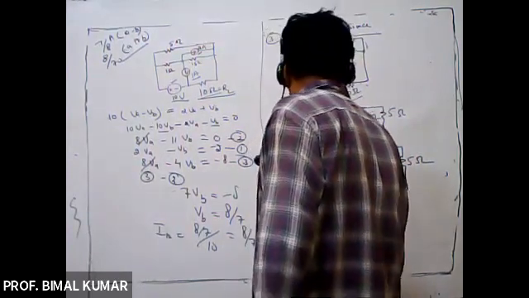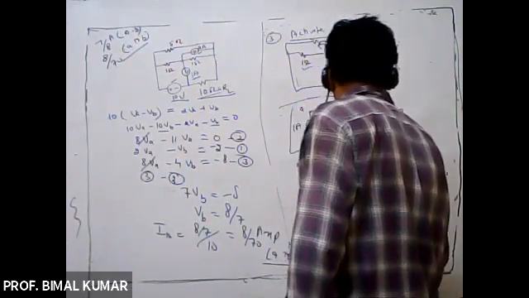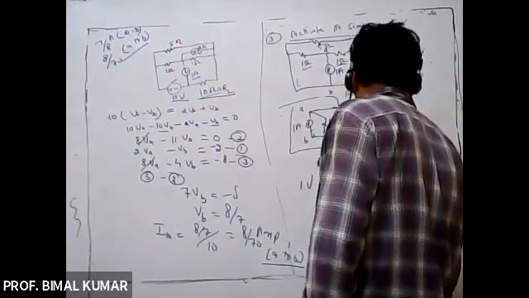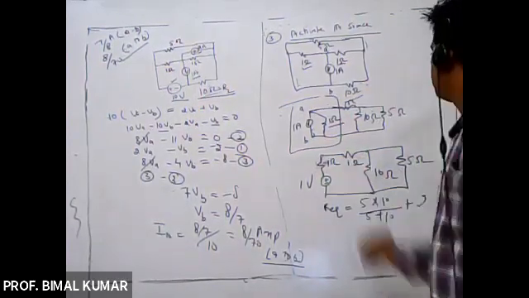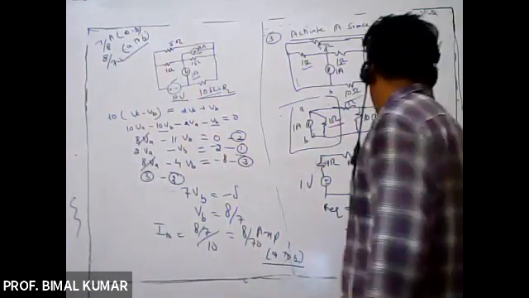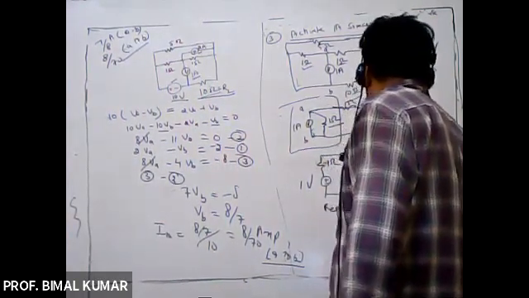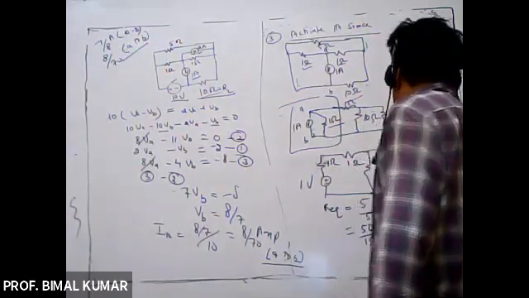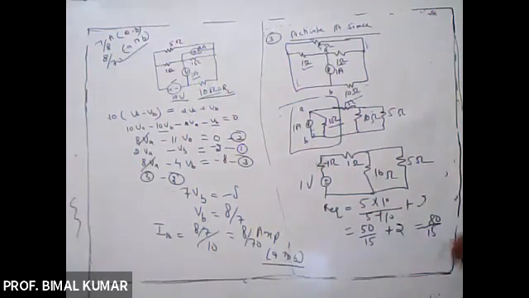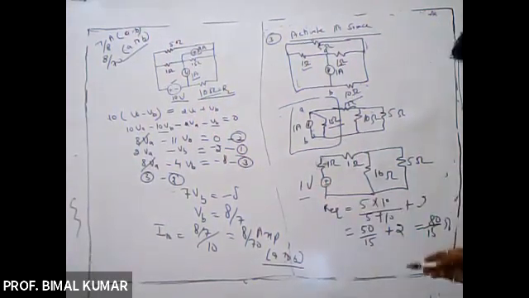So R equivalent is 5 in parallel with 10, 5 into 10 over 5 plus 10, plus this will be in series with 2, 1 plus 1, 2. So this will be 50 by 15 plus 2. So this will be 80 by 15. 80 by 15 ohm is the R equivalent across this 1 volt source, right?